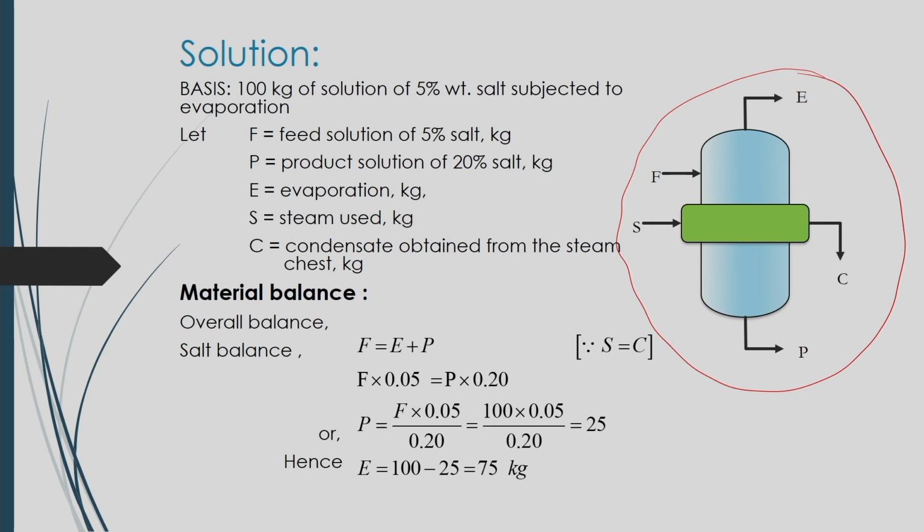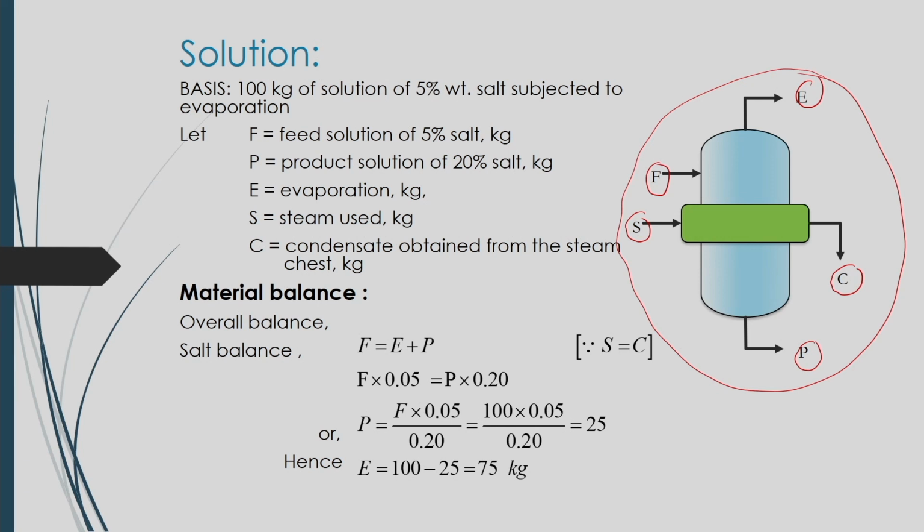F represents the feed solution of 5% salt which will be entering the evaporator, which is to be evaporated, and P is the product solution of 20% salt, and E is the evaporation amount in kg. S is the steam that is used for the evaporation, and C is the condensate that is obtained from the steam, in kg.